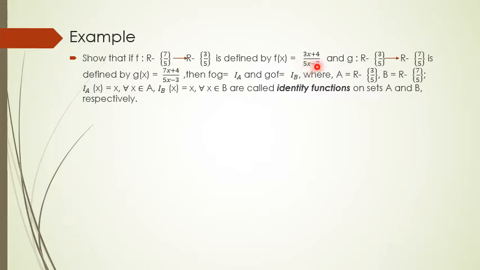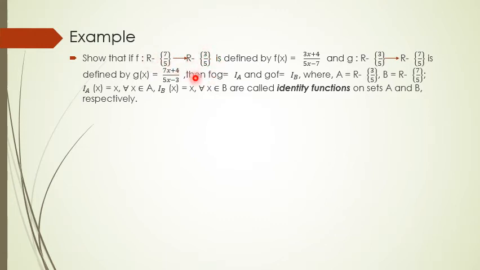Then 7 minus 7 equals 0. That is, when we put x equal to 7 by 5, the denominator becomes 0. To avoid this situation, we eliminate 7 by 5 from the domain.